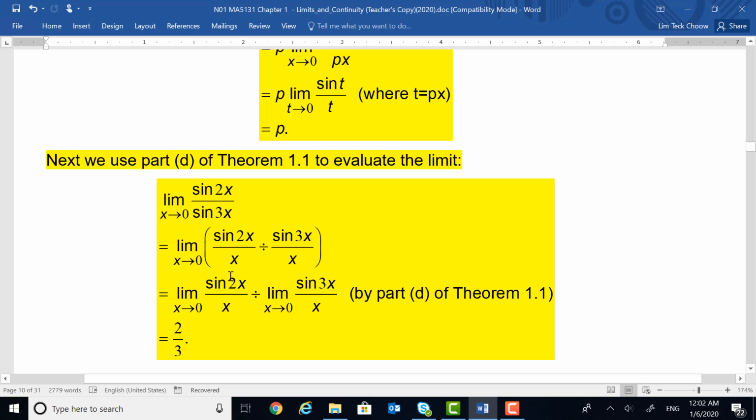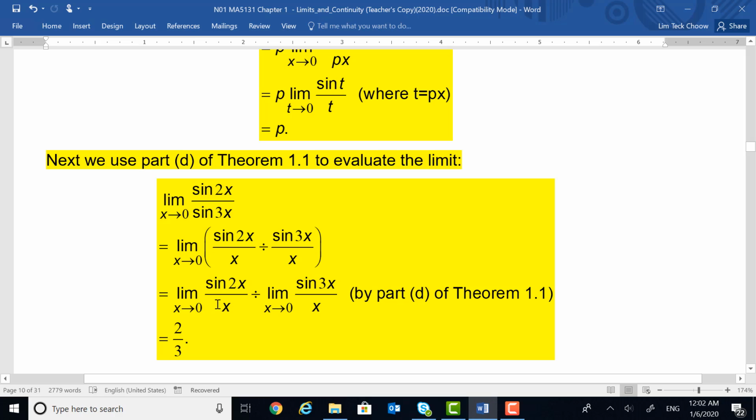And now that you got this line, you got the limit of sine 2x over x. What I can do is put 2 here, so it becomes 2x, and therefore I put a 2 outside here. You can put a 3 here, so that it becomes 3x, and you put a 3 outside here to balance. So if you have a 2 here, and a 3 here, and you got 2x here, and 3x here, this expression will look like sine 2x over 2x.